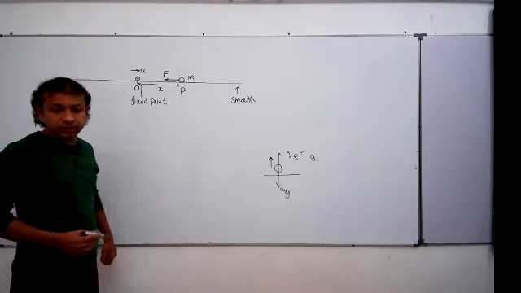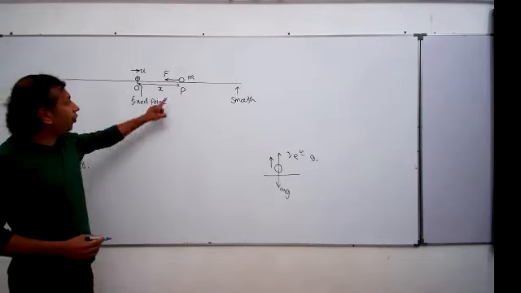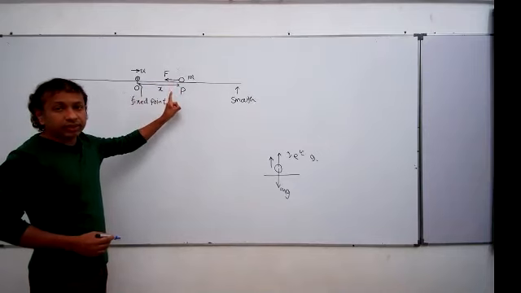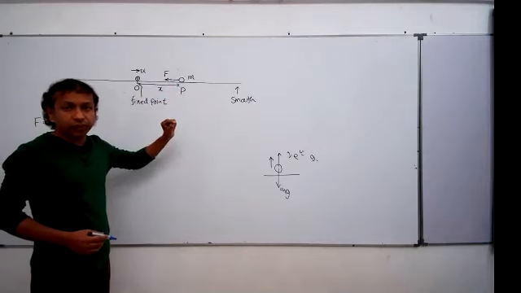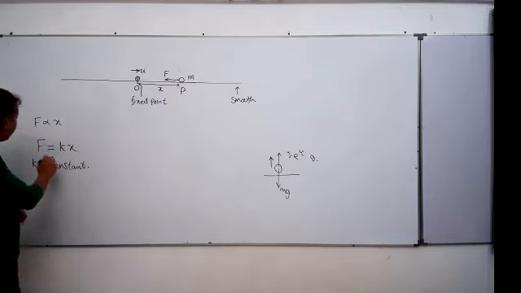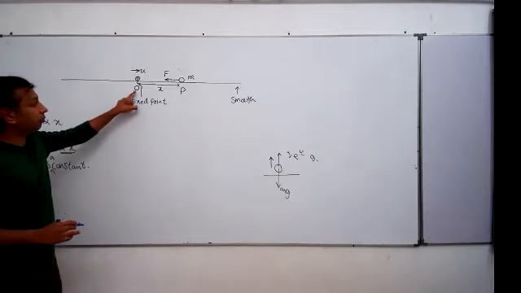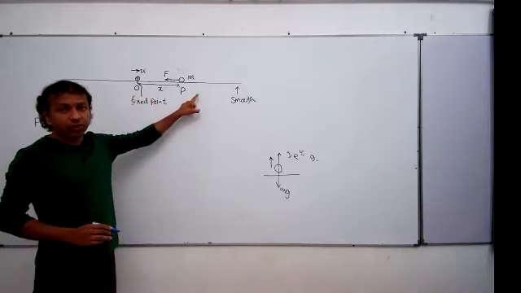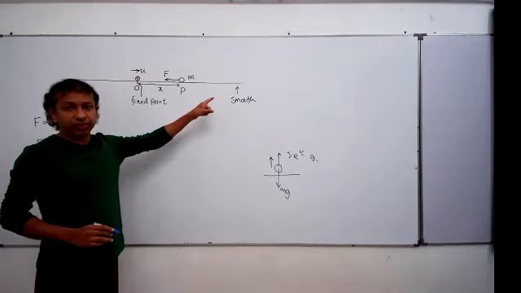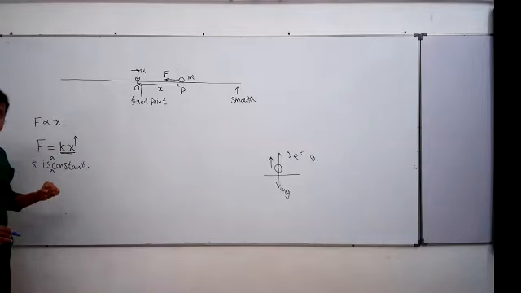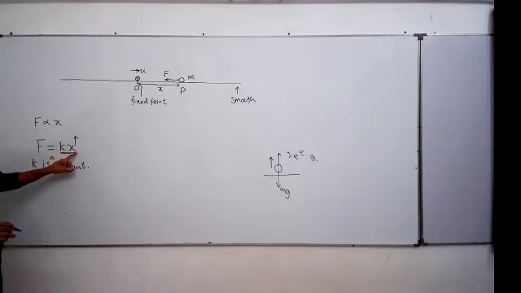And the other thing is, since this force F is increasing as the particle goes away from the point O. Why? The force F is given by kx. K is a constant, but x increases as the particle P moves away from O. Then you can see as x increases, F increases.